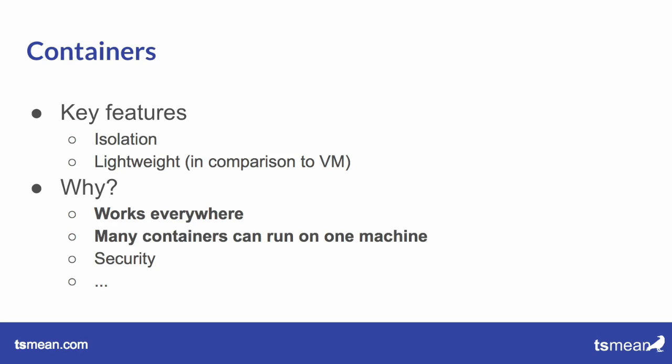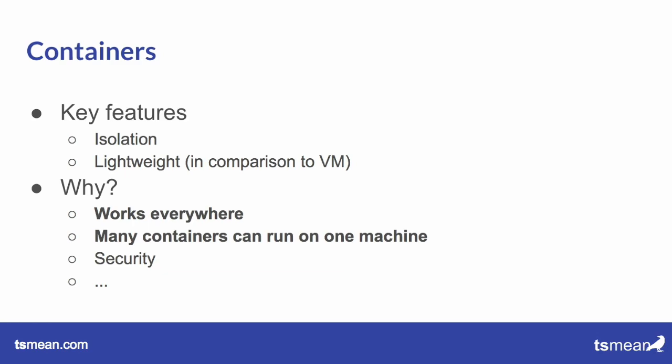And the other benefit is the same as with VMs. It works everywhere, exactly because of this isolation. And this is cool because let's say you have a Red Hat server and you want to migrate to Ubuntu, then it's no issue with Docker. Or let's say you have Azure cloud servers and you want to migrate to Amazon cloud, no problem with Docker.